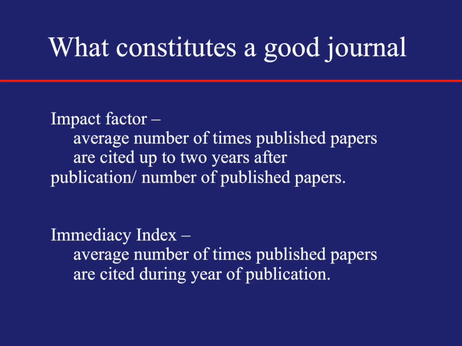If you're publishing something on heart failure, it will be more relevant to publish in a cardiological journal or, say, an internal medicine journal, rather than in a very specific pharmacology journal.